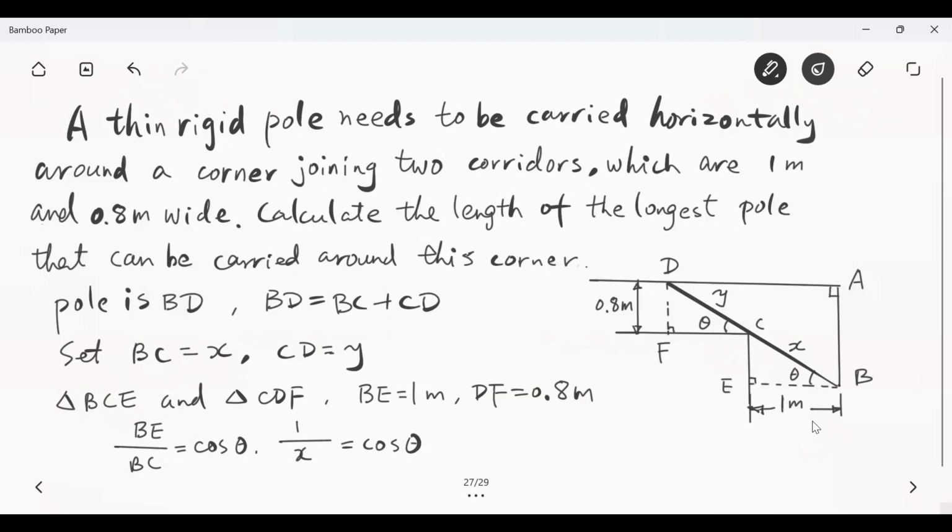Same thing for CDF. DF is 0.8 and DF is the opposite side for theta. Then DF over Y equals sine theta, right?